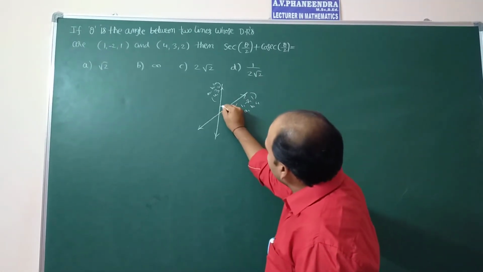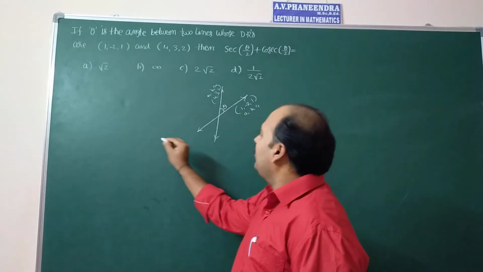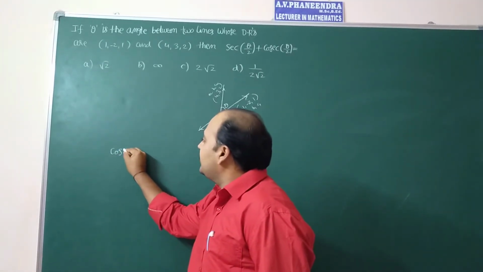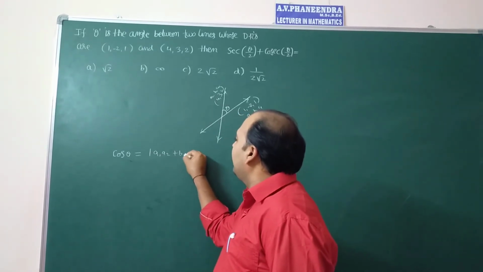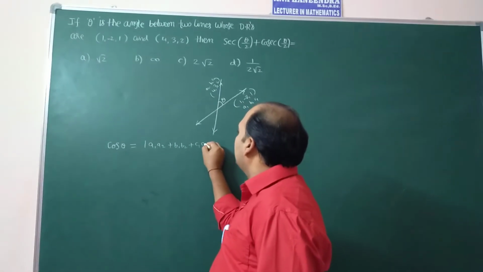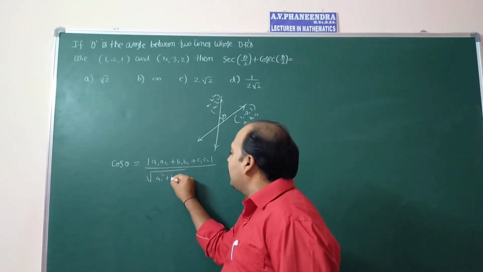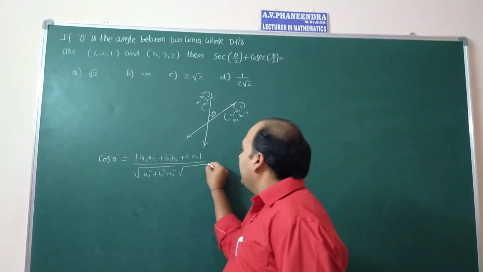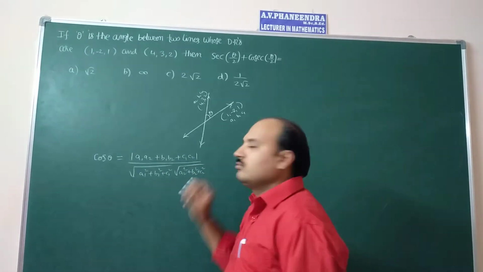The angle between these two lines is theta, we have to assume that. Therefore, we have the formula cos theta is equal to mod of a1 a2 plus b1 b2 plus c1 c2 by square root of a1 square plus b1 square plus c1 square into square root of a2 square plus b2 square plus c2 square.